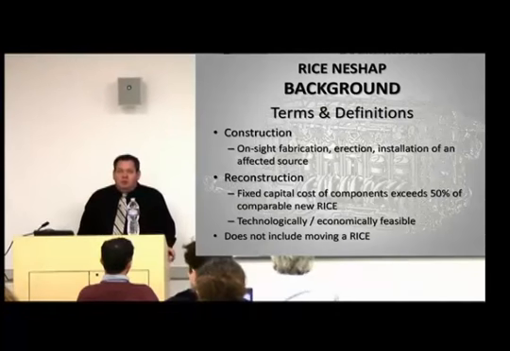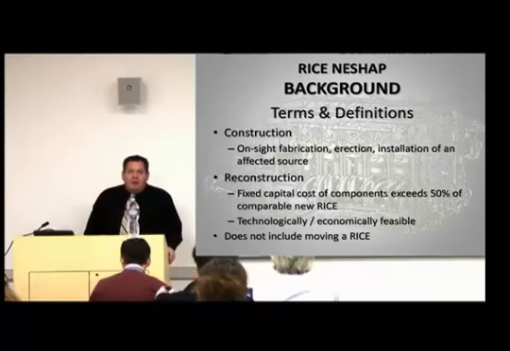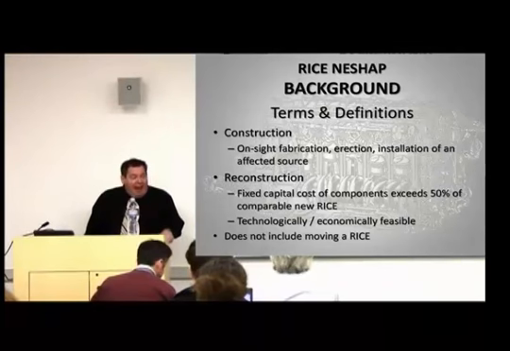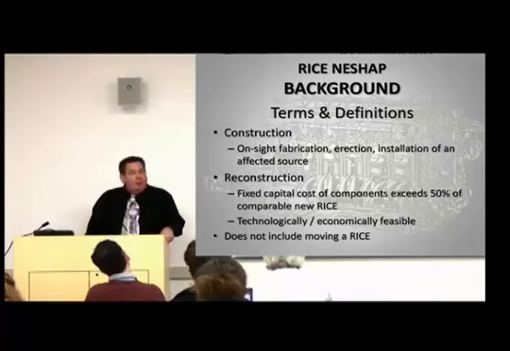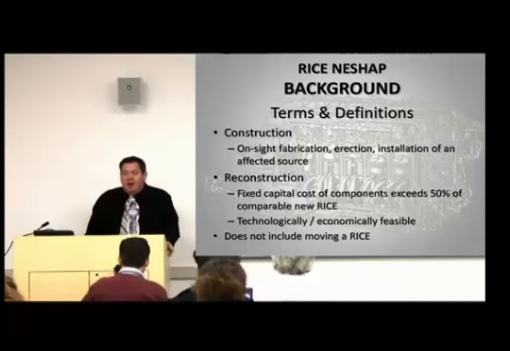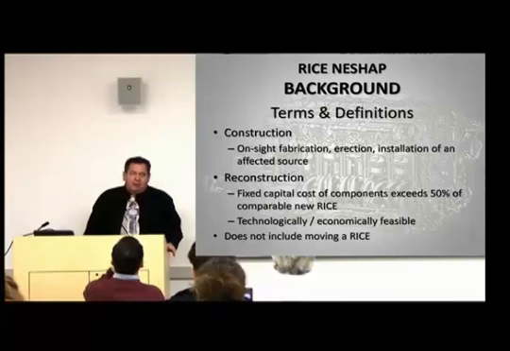Reconstruction, not so self-explanatory. The definition under the RICE NESHAP for reconstruction is that the capital cost of components exceeds 50% of the cost of a comparable new engine. So that's going to be really rare when that happens. Because you're not talking parts and labor, you're just talking about components.